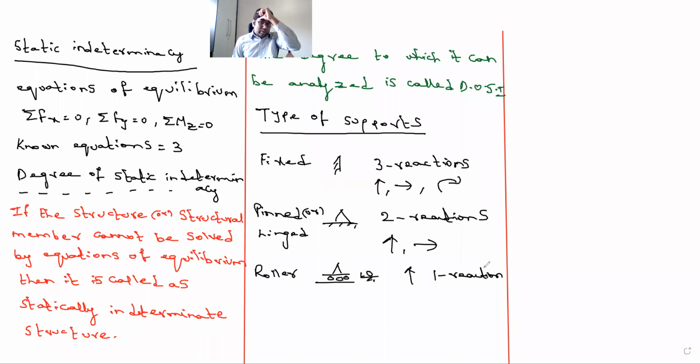Now the important aspect associated with these types of supports is that, depending upon the beam with the different supports given to you, you need to say whether it is statically determinate or indeterminate. Now let us try to solve the problems. Example problems.